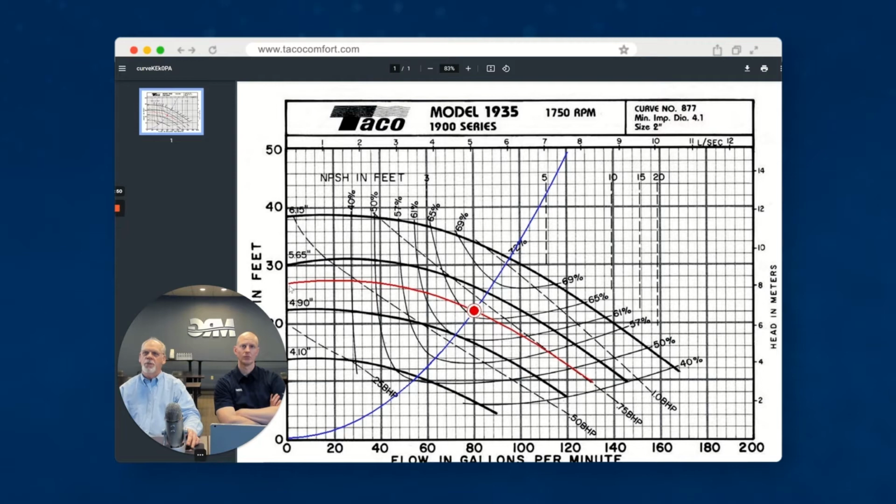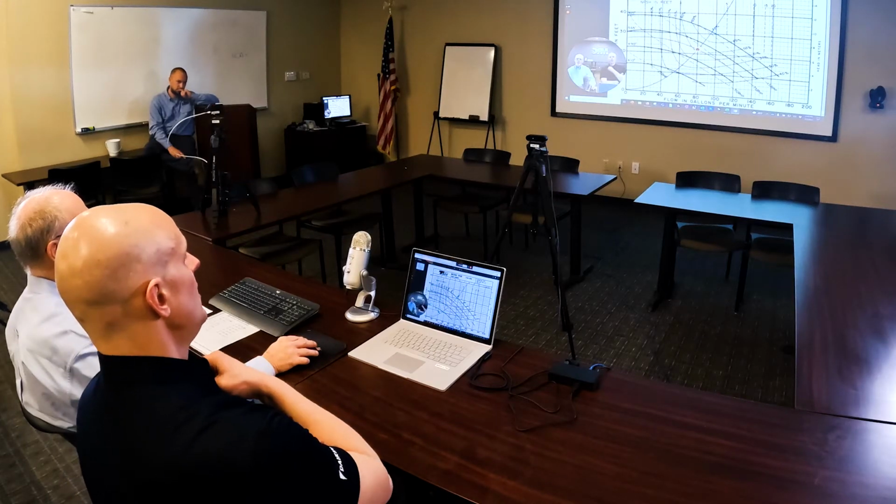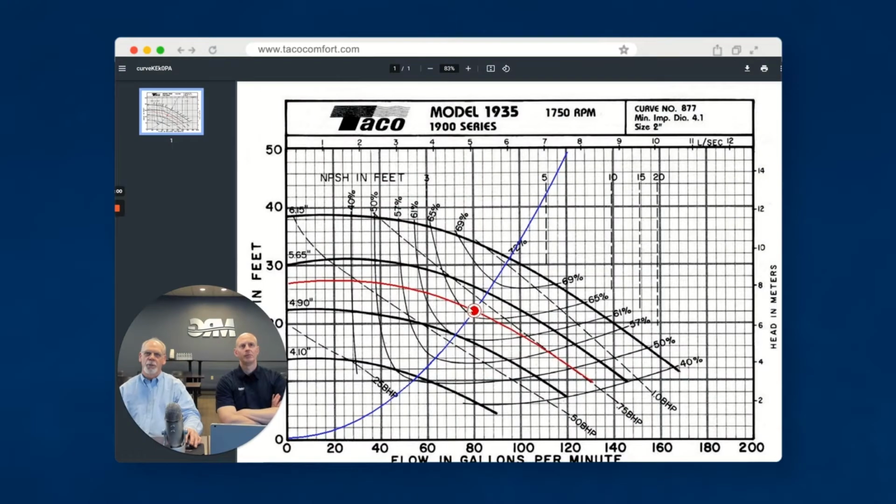At 0 GPM, we'll be sitting here at about 27 feet, and we're going to be operating over here at about 22 feet. So we've got about 5 feet of head difference that we can gauge this pump and know exactly what our flow is based on our differential pressure across the pump. Being in that sweet spot gives you enough range either side of the curve to be able to operate.